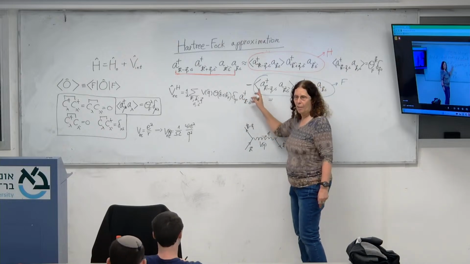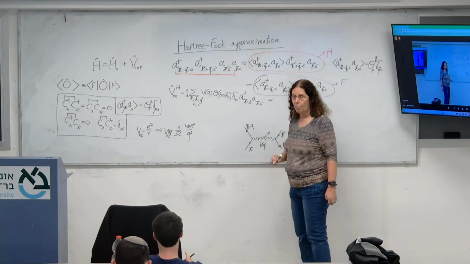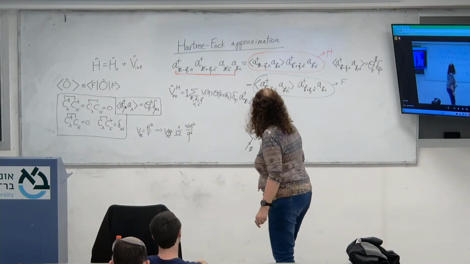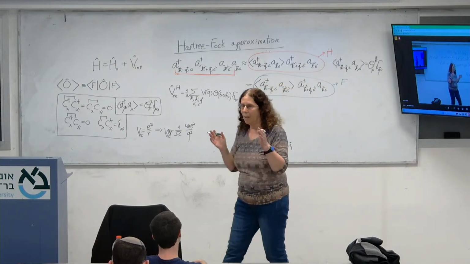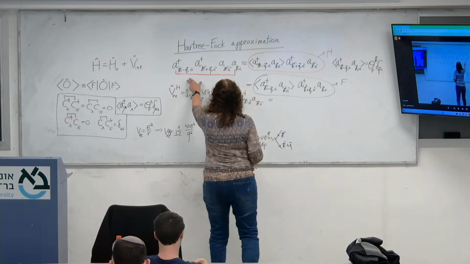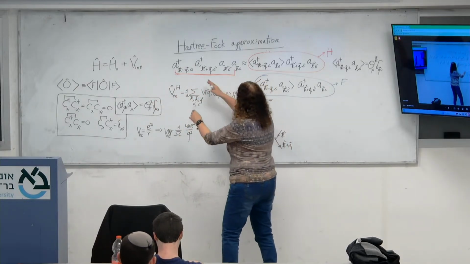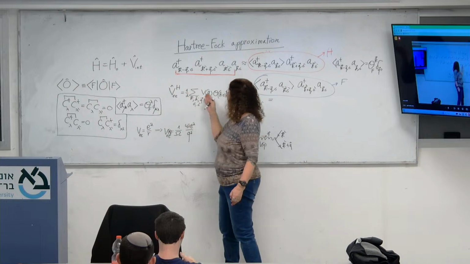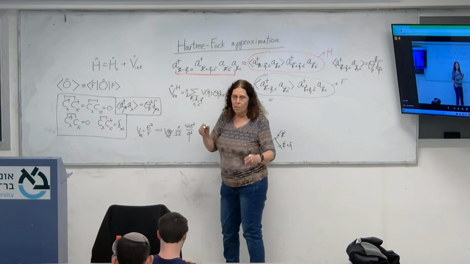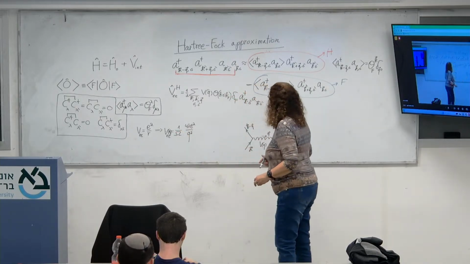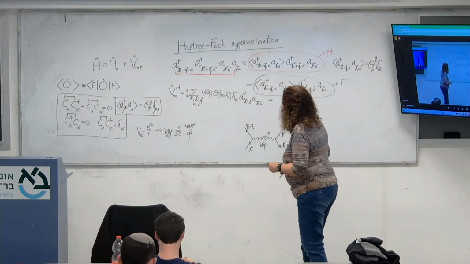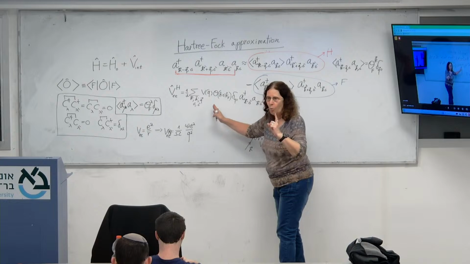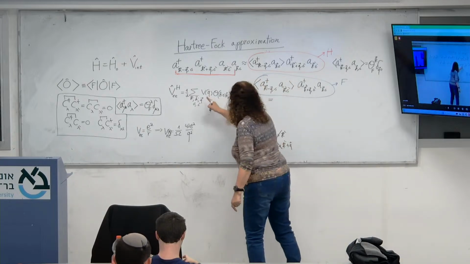I mean, the original interaction was the sum over all these terms multiplied by some V of Q. If Q equals 0, there is only one Fourier component, and that's the component Q equals 0.